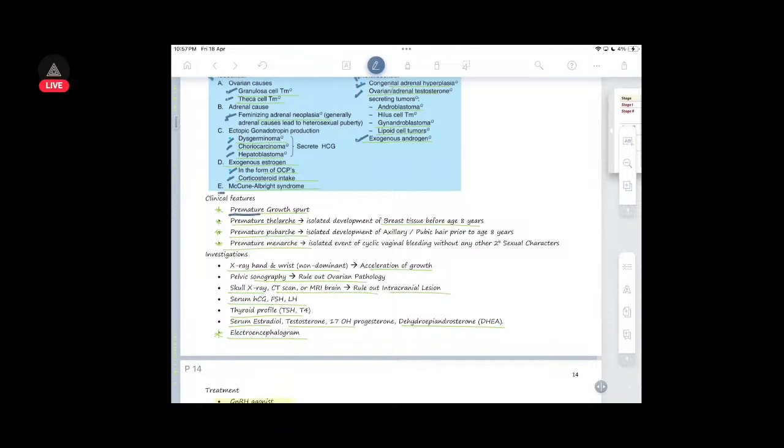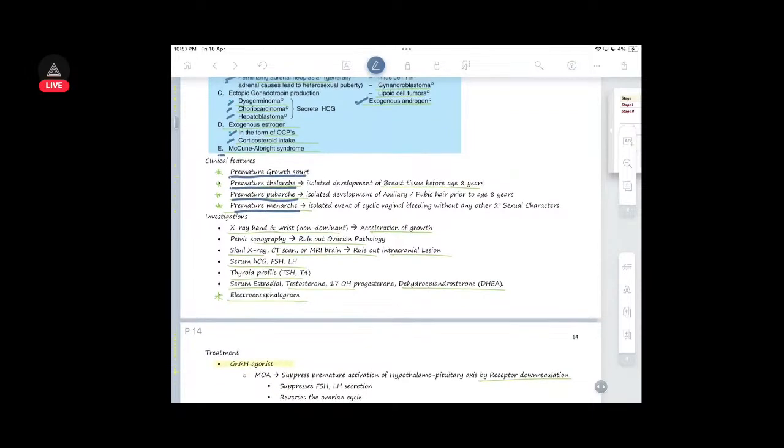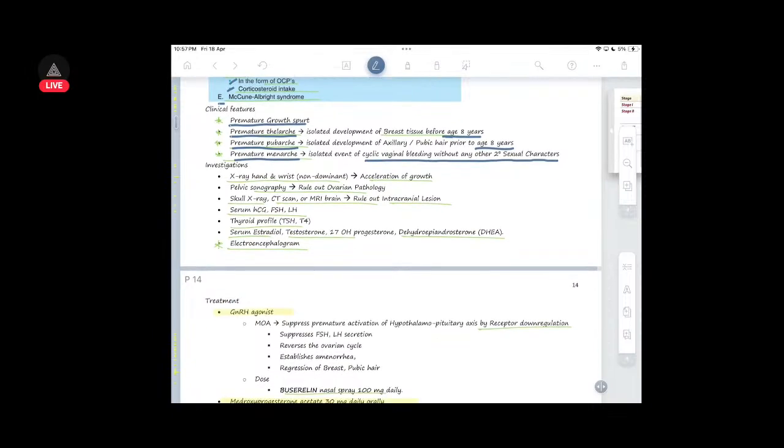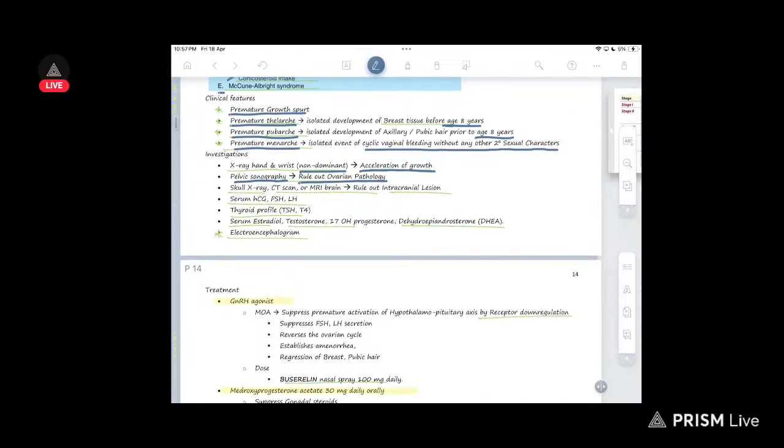So clinical features: you will have premature growth spurt, premature thelarche, puberty, and menarche before 8 years. And this is cyclical vaginal bleeding without any secondary sexual characters. Then investigations: X-ray of hand and wrist will show bone age acceleration of growth. Then pelvic sonography to rule out ovarian pathology.